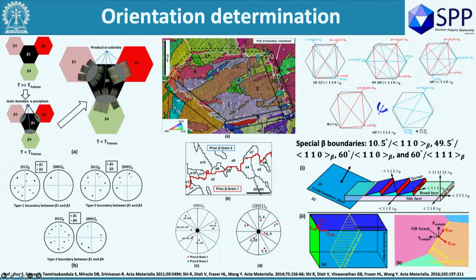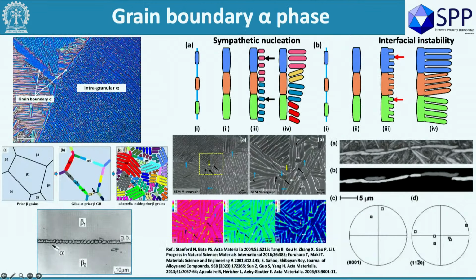Okay, now the second thing, the grain boundary to lamella. First, the grain boundary variant formation is not an easy process. That itself depends on many things. I will tell you why. This is simple. When a grain boundary alpha forms, it is formed between two beta grains.